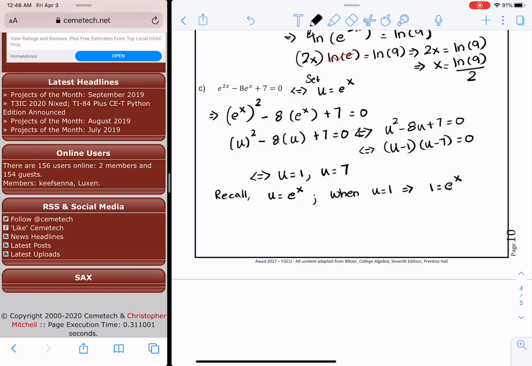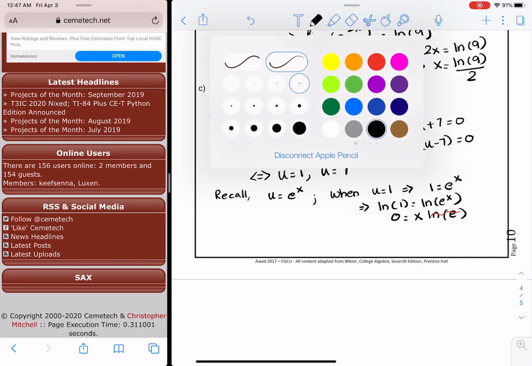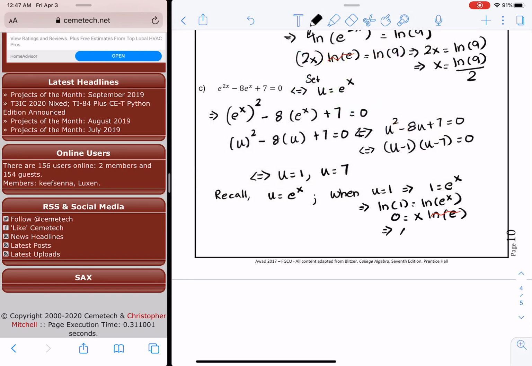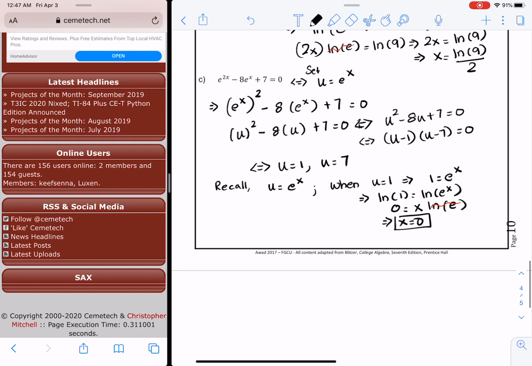Take ln on both sides. ln of 1 would equal ln of e raised to x. ln of 1 is 0. And bring the x to the front, we have x ln e. Those two sort of go away and become 1. So x is 0. That is the first solution for x.